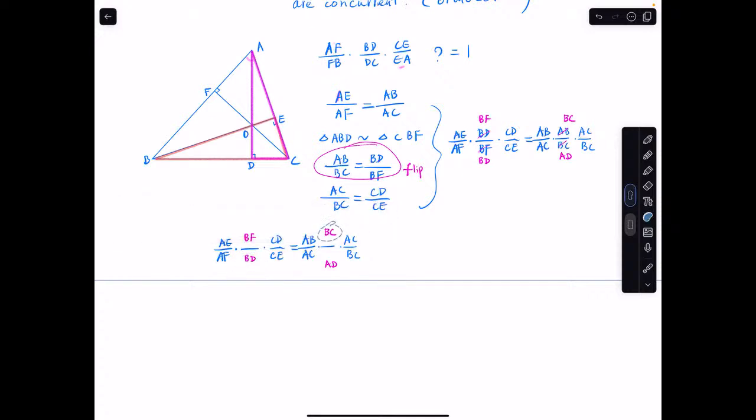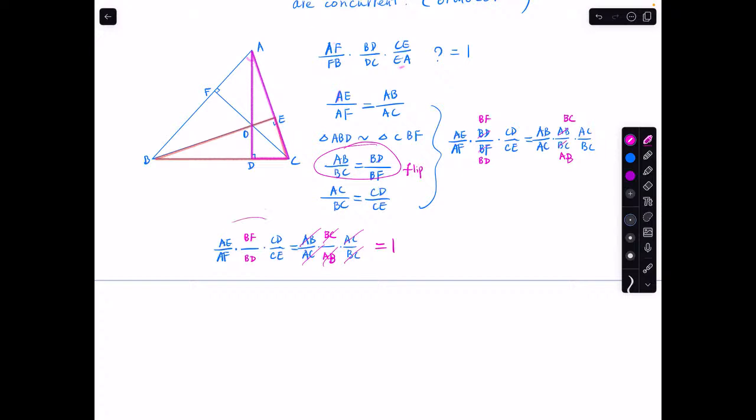So we have this relation here. Of course, on the right hand side, we're gonna cancel, right? BC cancels. This is not this, this is AB. Earlier there's a typo here, right? So AB cancels, AC cancels. That's indeed equal to 1.